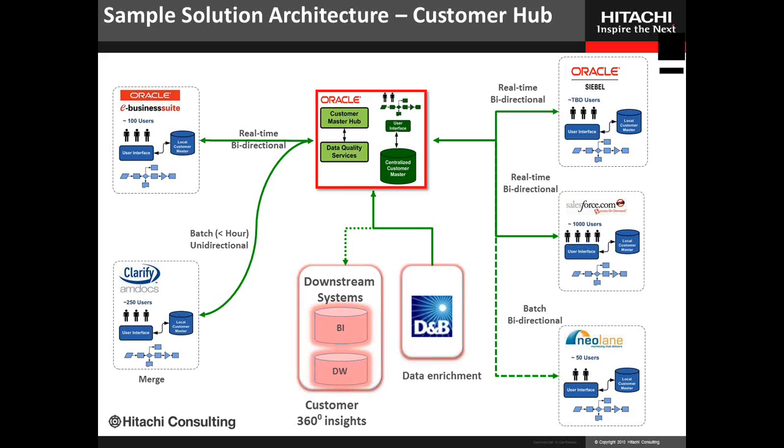They send the customer data to the customer hub, and if you see the double arrows, it means the data gets published back to the source systems. There is also some information which does not reside in your source system. Then how do you enrich the customer data? Suppose Dun & Bradstreet provides you a lot of intelligent customer information.